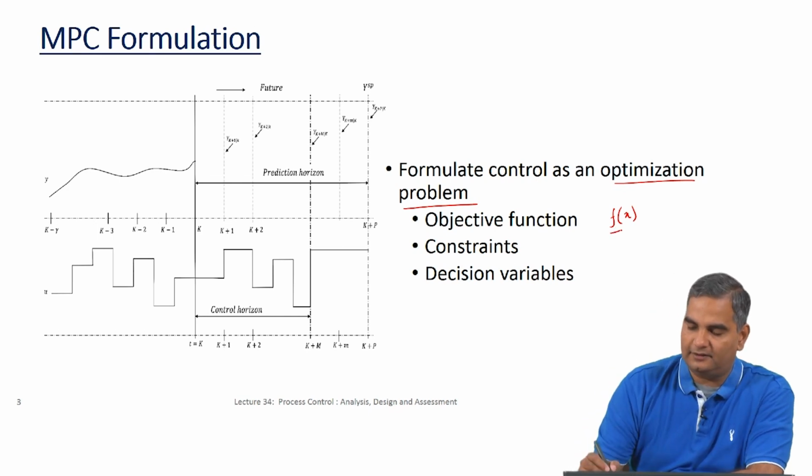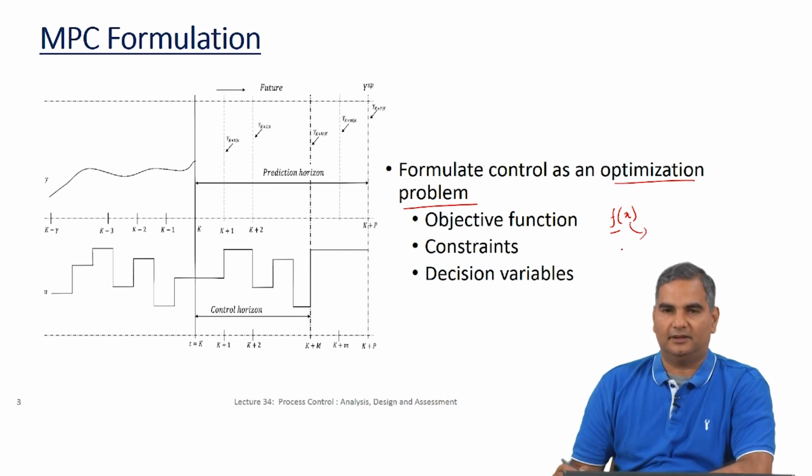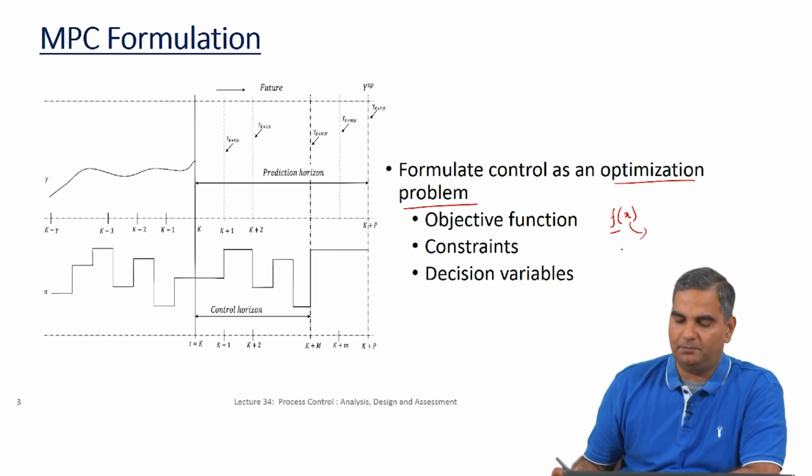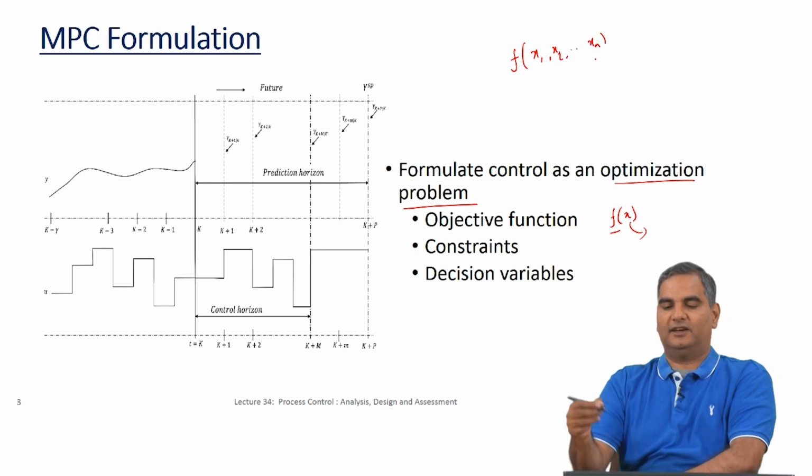Now, when I say this is a scalar function, this x can be several variables that you are trying to optimize. So, typically an objective function for the cases that we are looking at will look like this. There is some function of x1, x2 all the way up to xn. So, there might be n variables, m variables, whatever it is.